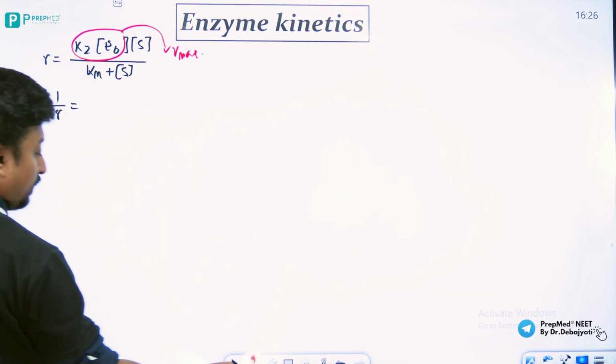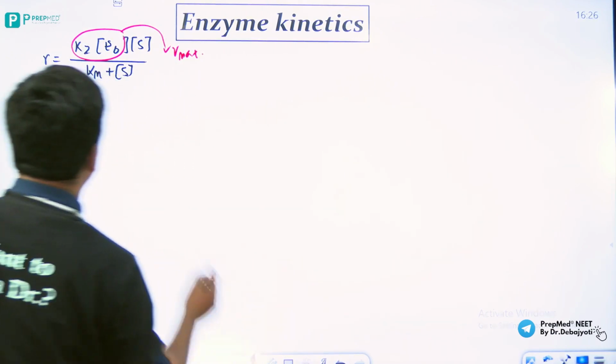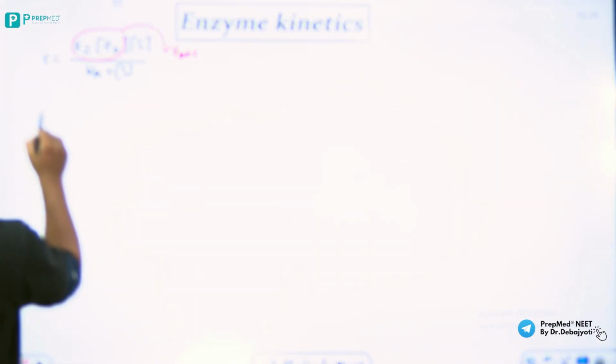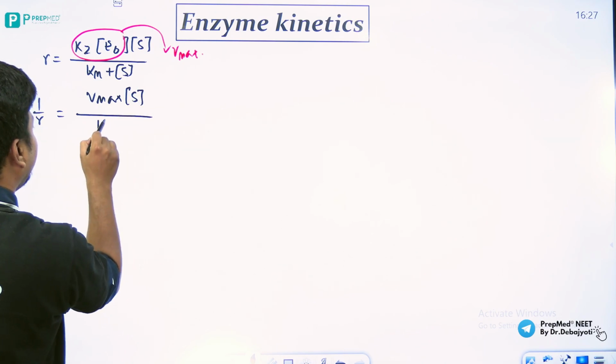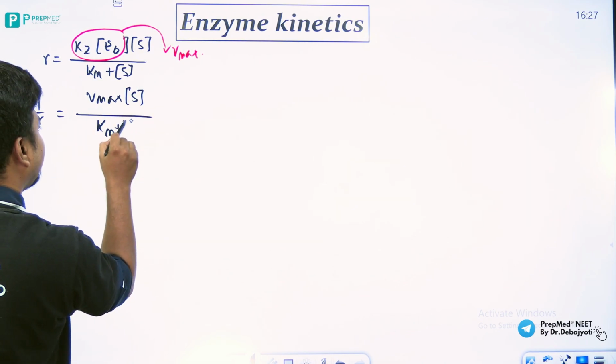So R is equal to V max into S divided by Km plus S.